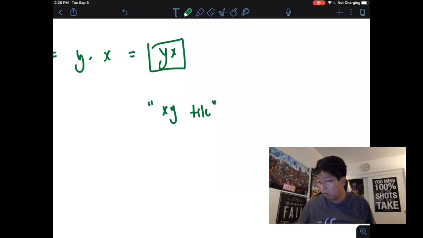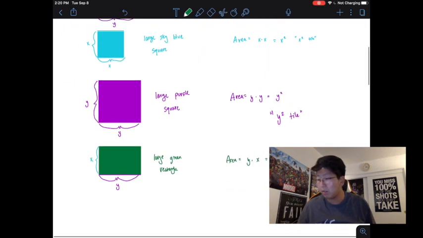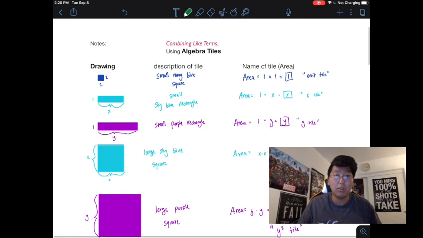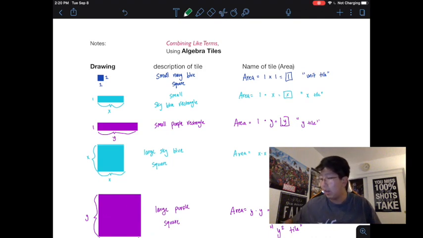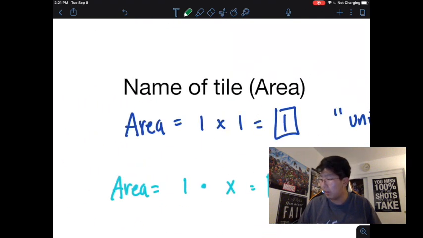So right here so far in the notes, we've named these tiles. This is one of the main things I want to do in these notes. And so now that we named these, I want you to recognize how we named them. We named them by finding the area. So the area of all of these shapes gives it its name.